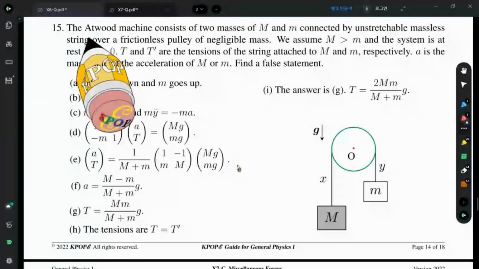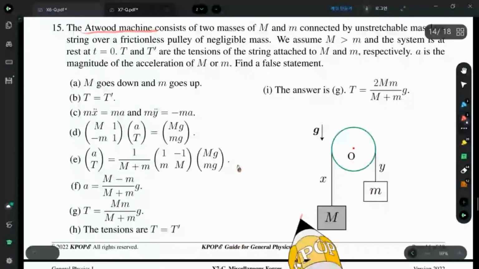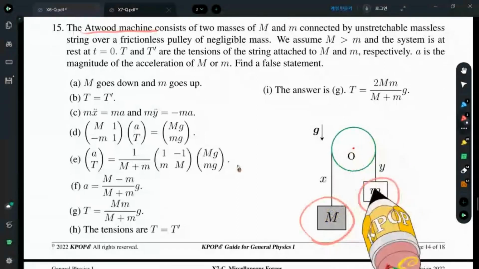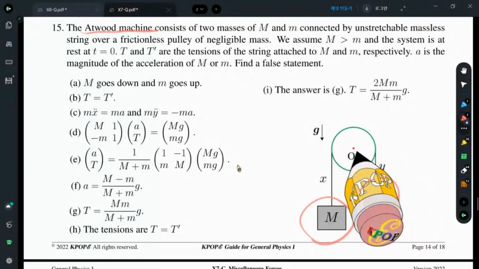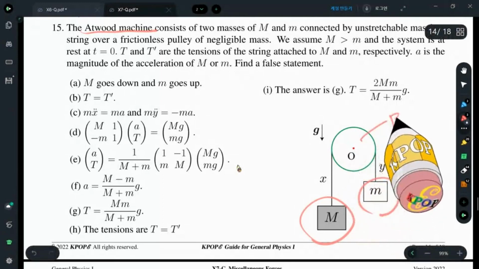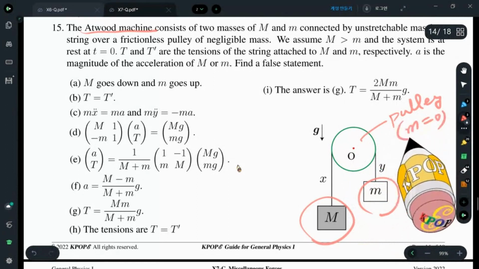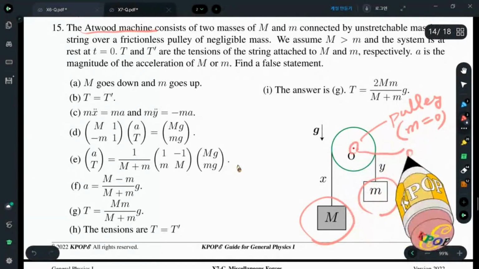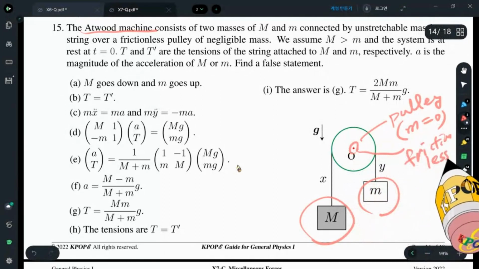Next, we consider the Atwood machine. An Atwood machine is two massive objects connected by a string that carries a certain tension. And for the simple case, the mass of the pulley is ignorable, and we do not consider friction.